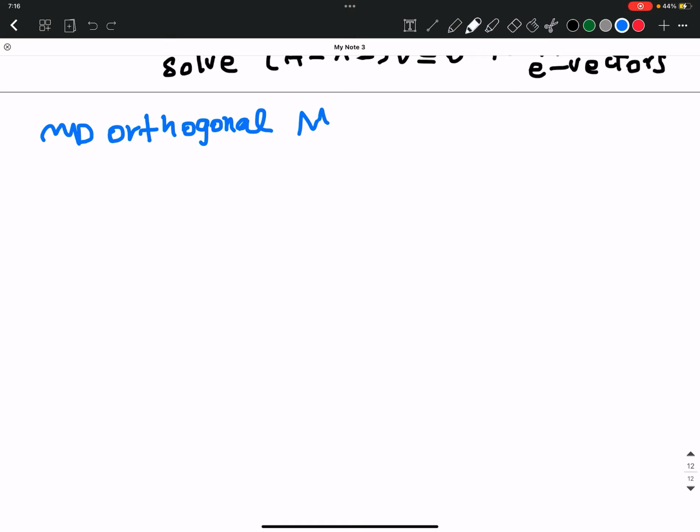Matrix. So an orthogonal matrix is a matrix whose transpose equals its inverse. Okay, so this is the definition of an orthogonal matrix. So what does this mean?